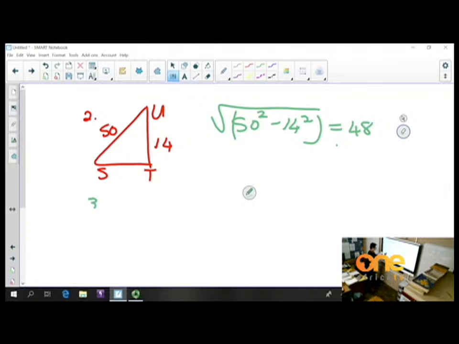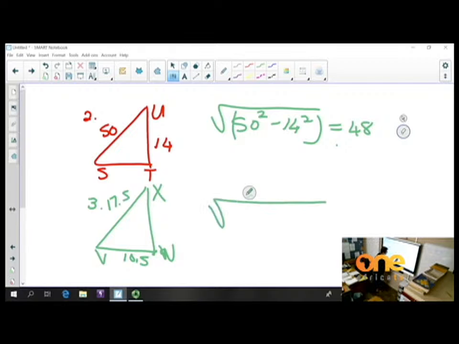Right, now number 3. VWX. This is 90 degrees here at V, so it's VWX. This one is 10.5, and this one is 17.5.